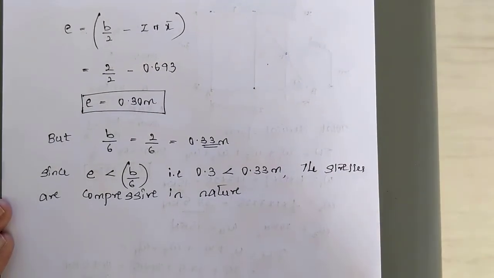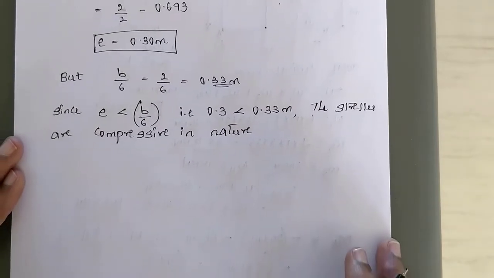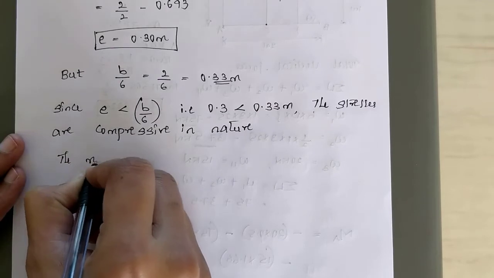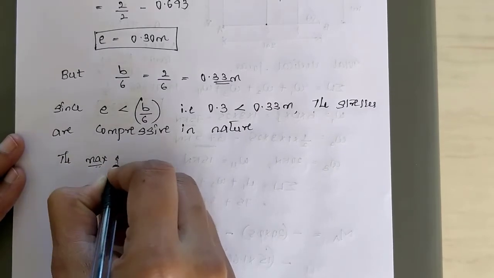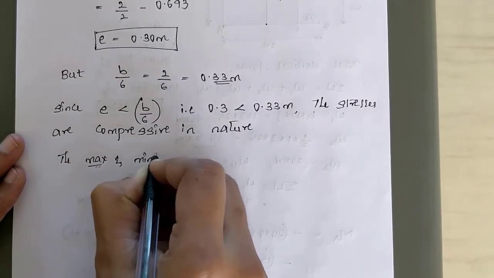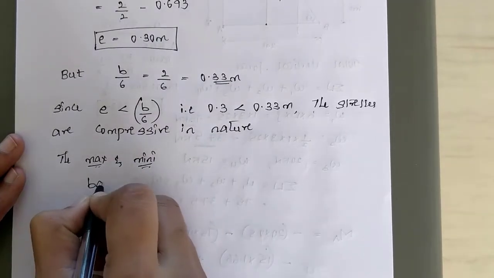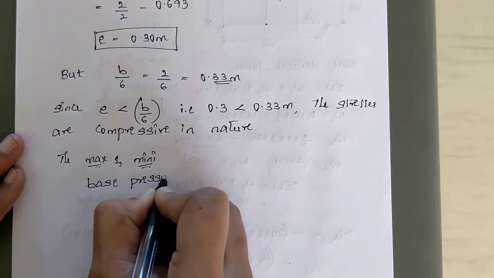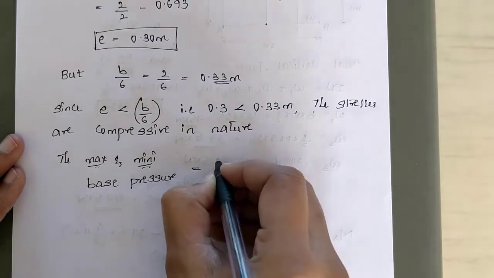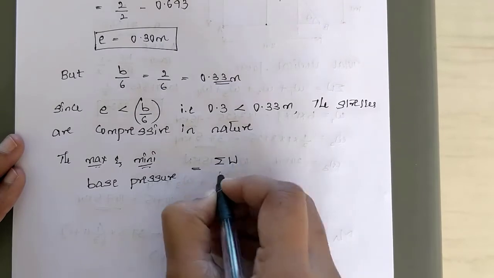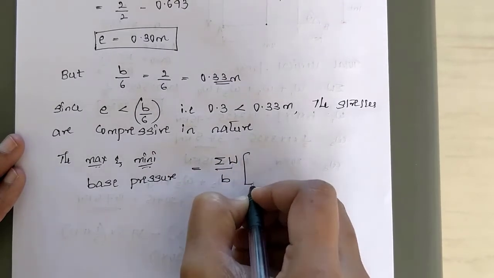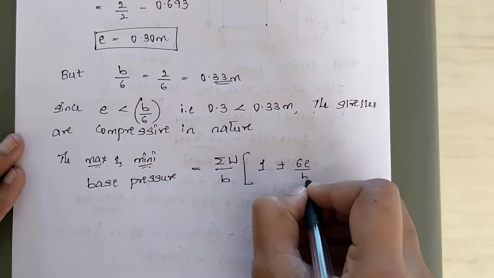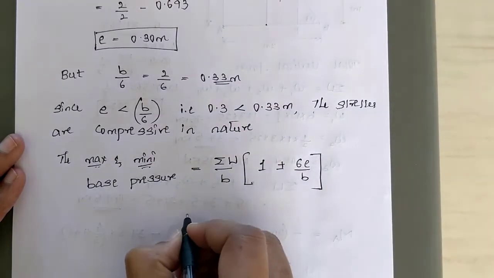Then calculate maximum and minimum base pressure. Maximum and minimum base pressure will be equal to summation W divided by B into 1 plus or minus 6e divided by B. Substitute the values.